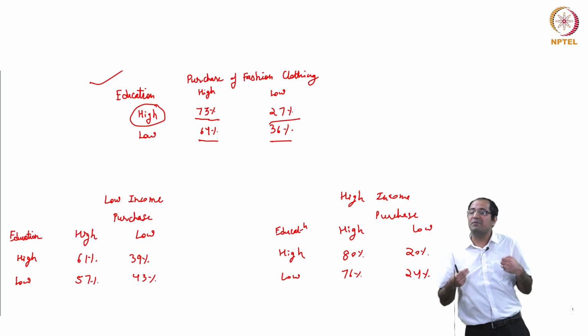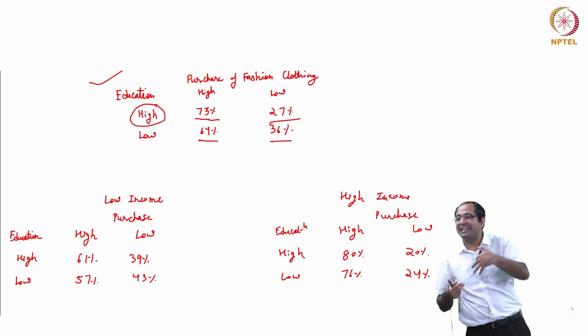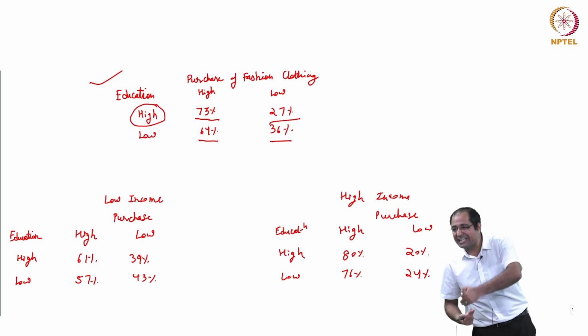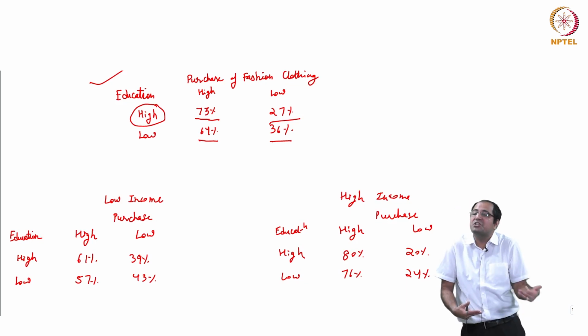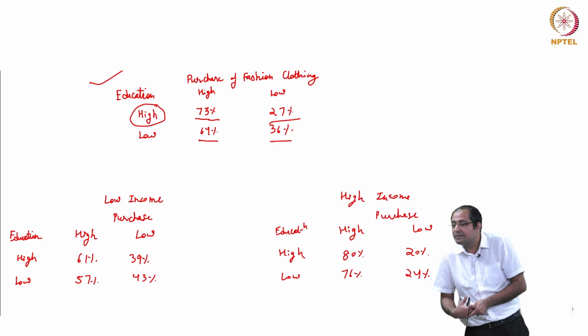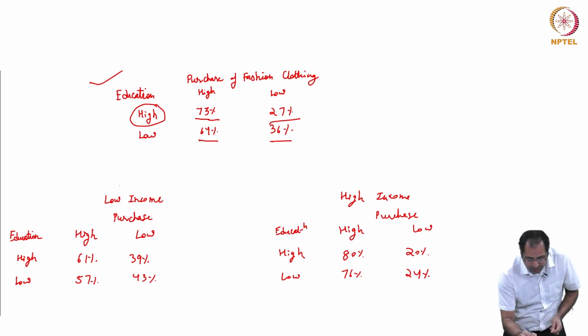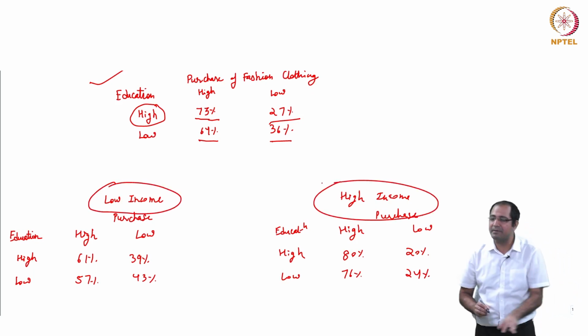So they wanted to see whether, when they introduce income as a variable, the effect would still hold. If they introduce income into the picture, will education still be leading to the purchase of fashion clothing? So what they did was introduce income, and for low income and high income, they plotted it separately.